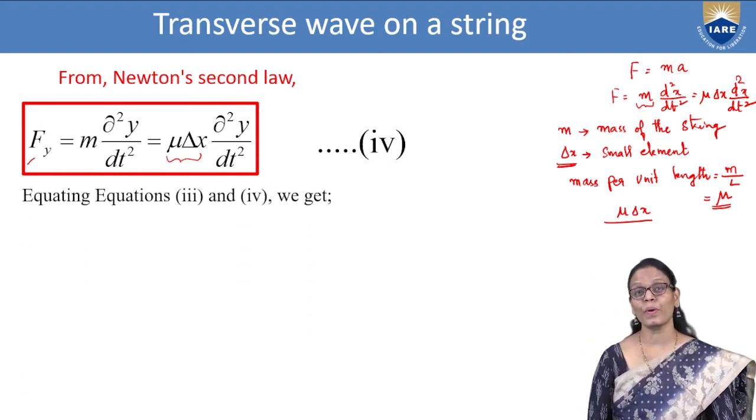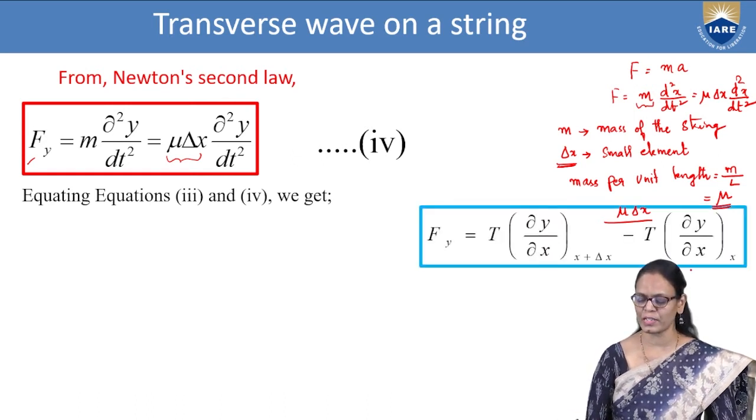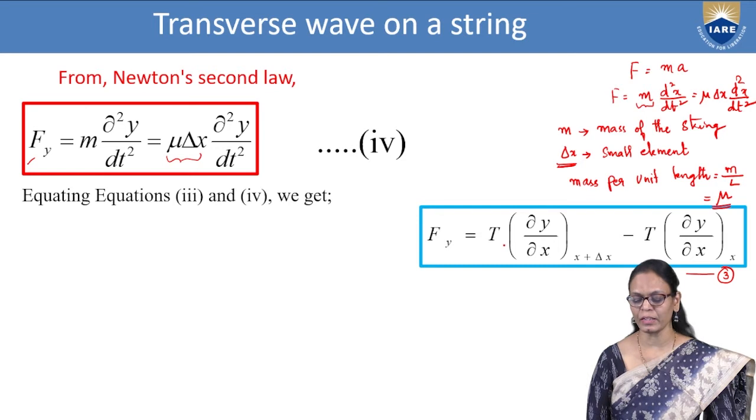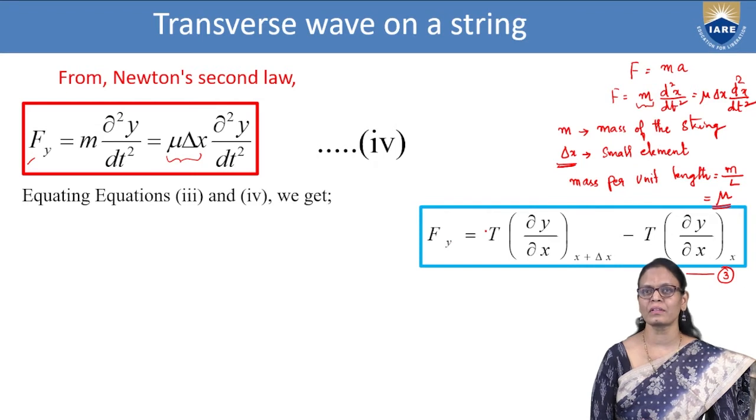Now we are going to equate equations 3 and 4. This is our equation 3: Fy is equal to T ∂y/∂x at x plus Δx minus T ∂y/∂x at x. The left hand side is Fy for both equations, so we can equate the right hand sides.